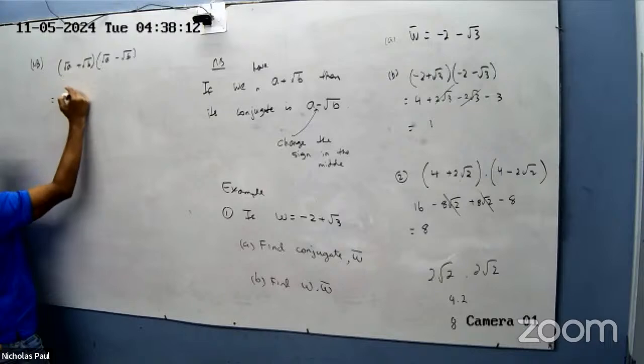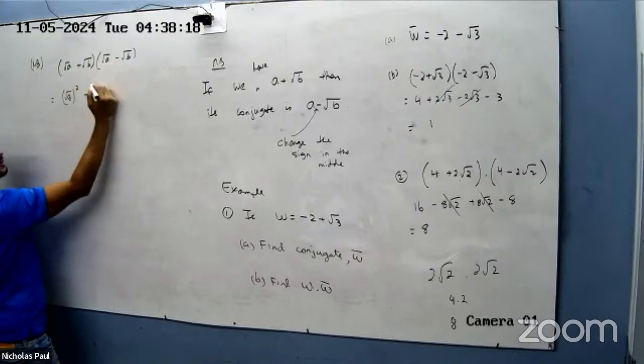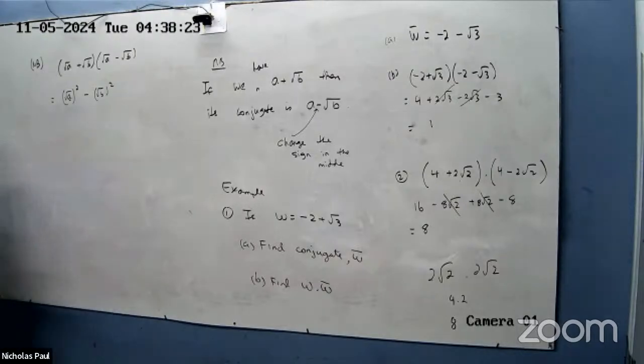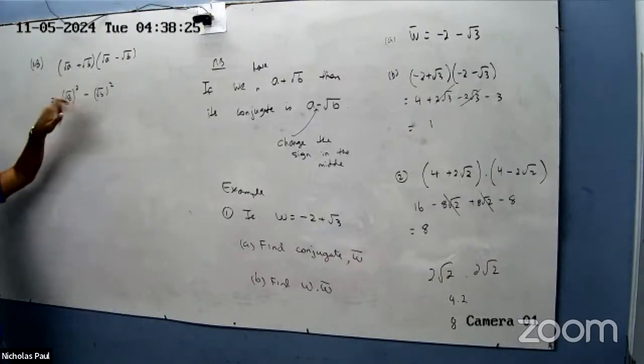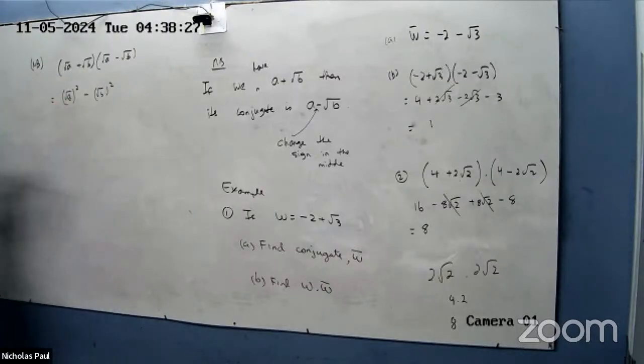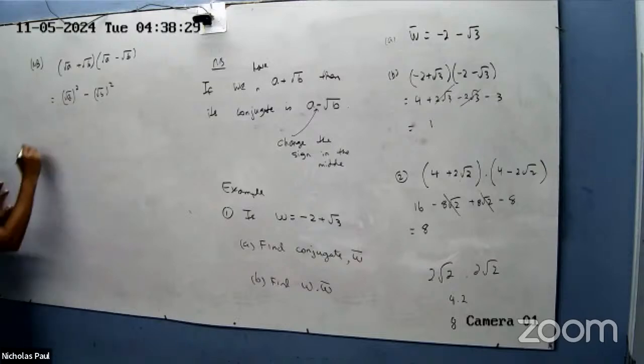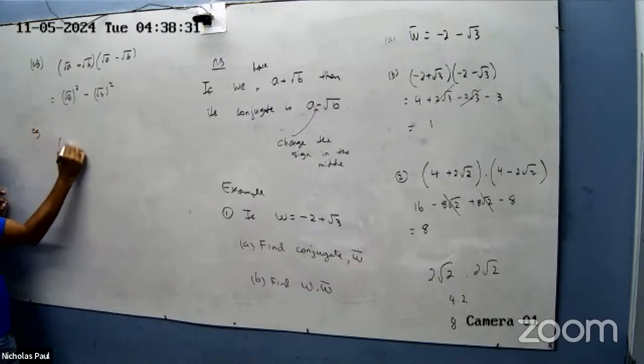All you have to do is square this minus square this, all the time. So just square this and put a minus between them. That's all you have to do. Okay? So try an example using that shortcut.